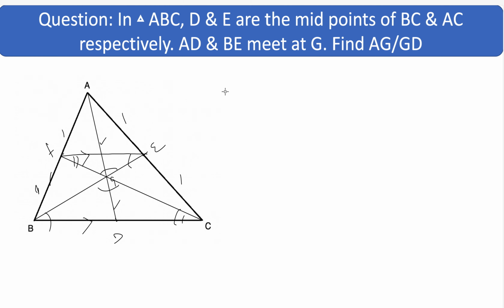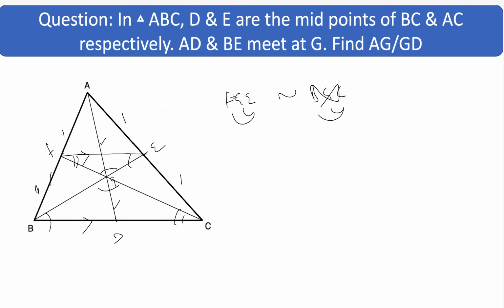Which two triangles? Let's write them here. FGE is similar to, now see, FGE, which angle is this equal to? BGC. See the other angles, FEG and BCG. Are they equal? FEG is not equal to BCG, so this is wrong.